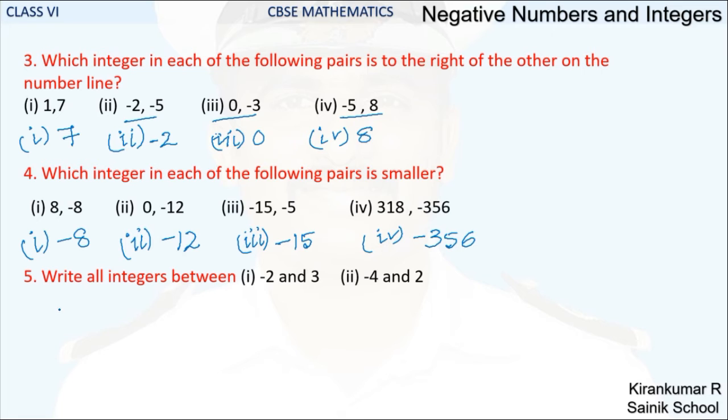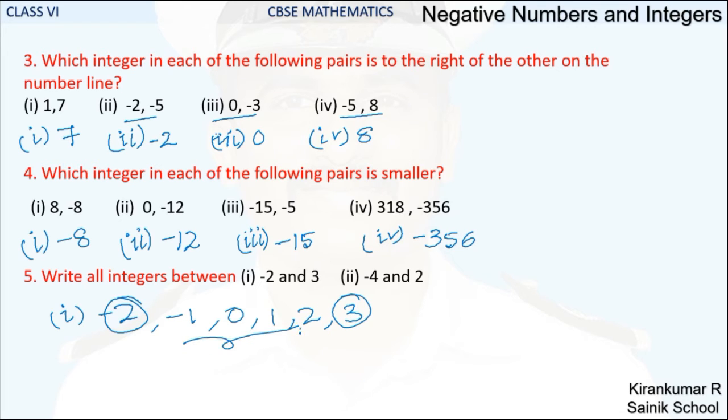Fifth question. Write all the integers between minus 2 and 3. Minus 2. The next numbers on the number line will be minus 1, followed by 0, 1, 2, then we have 3.